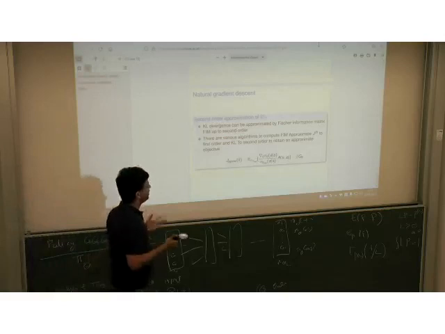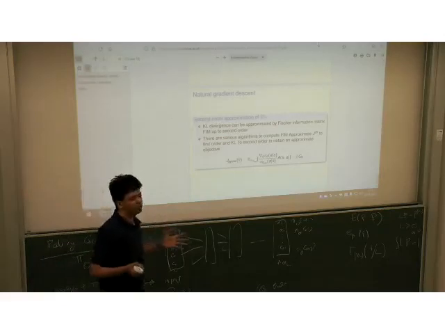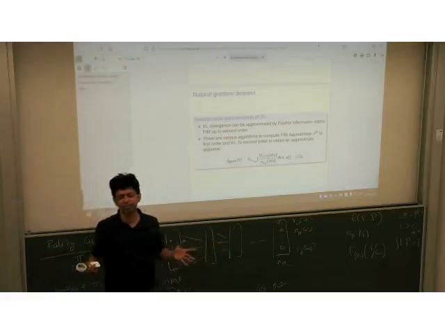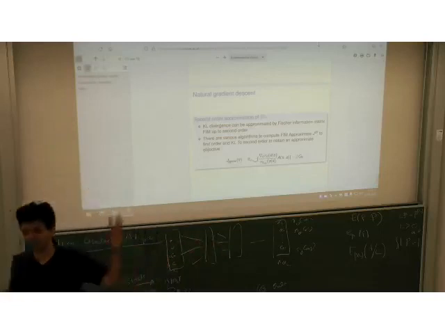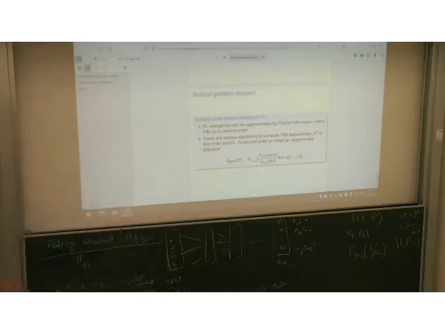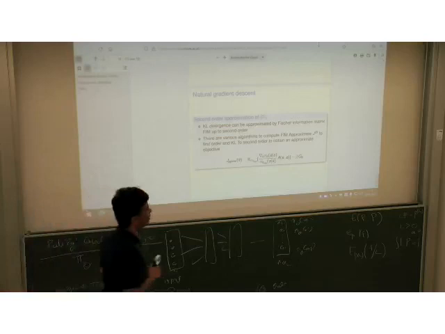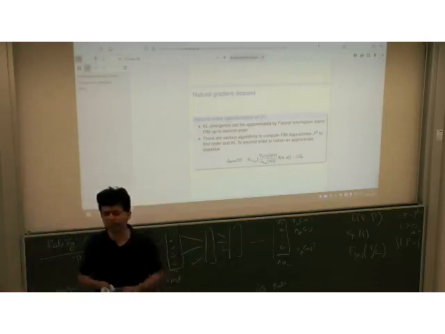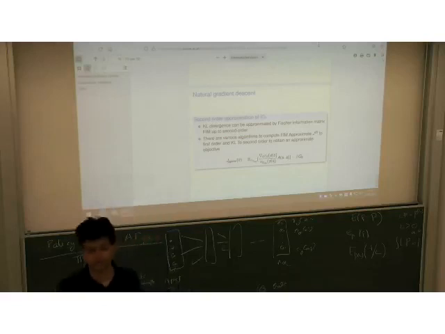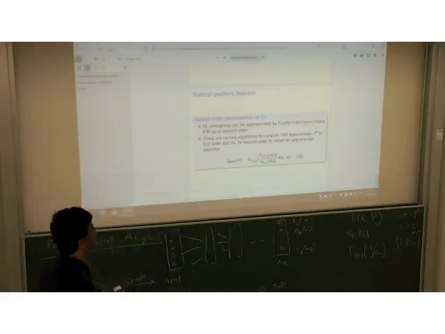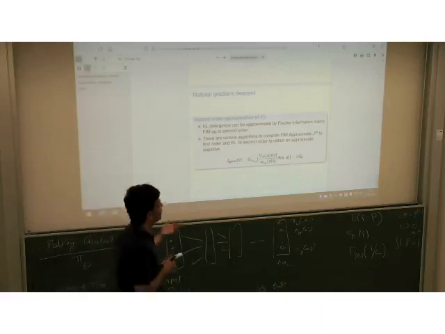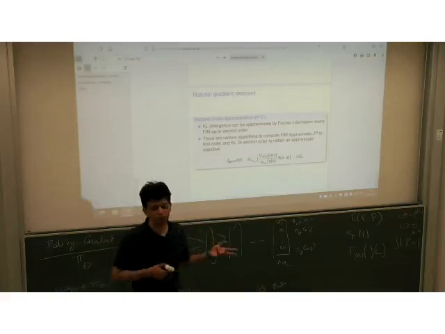And the Taylor series expansion, up to order 2, will only contain the Fisher information matrix. So in the previous optimization problem, you just replace the KL divergence term with the Fisher information matrix that you can actually compute from different methods. There are various methods to do it. That gives you a second order approximation to your problem.